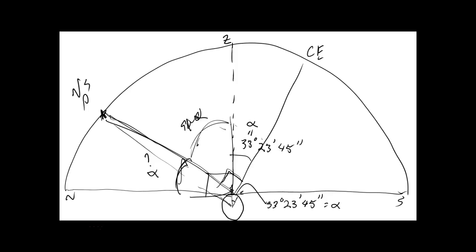At some point, it's directly overhead. At some point, it's above you. At some point, it's overhead again. At some point, it's below you. So the equator moves according to the ecliptic. The ecliptic is the plane that cuts straight through like this. And that's what this figure is showing.